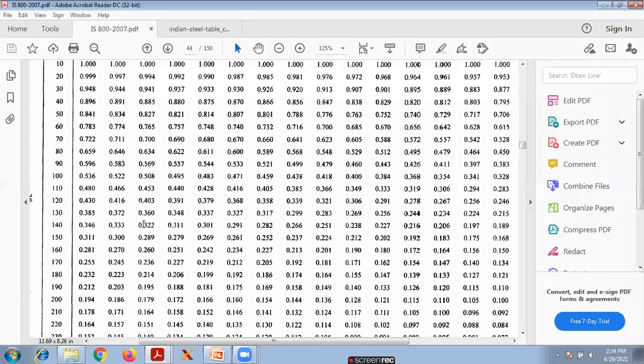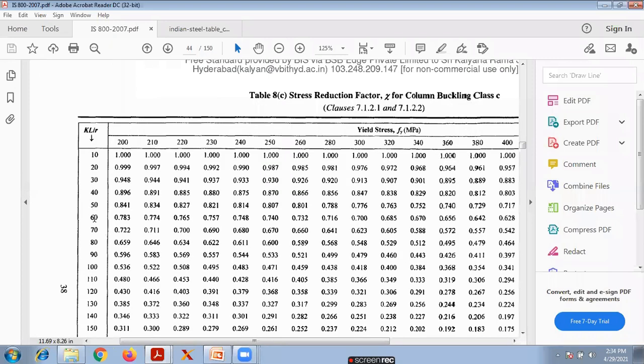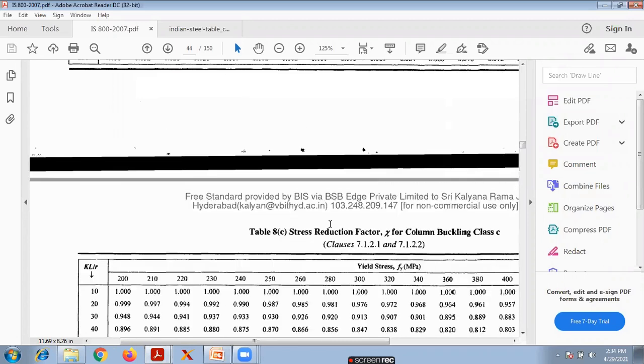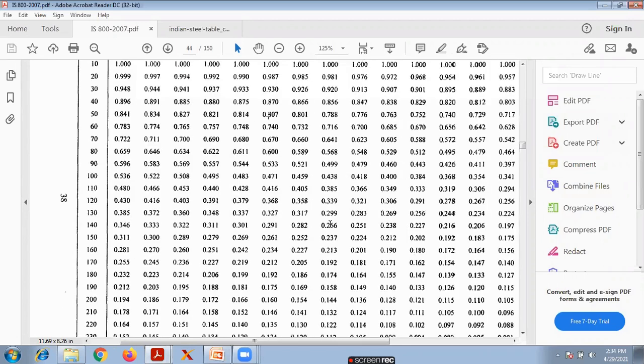So here, page number 38. The KL by R we got here is 50 to 60. Okay. What about the grade? That is 250 value. Okay. So how much value will we get here? So here if you observe the value, please wait for 1 second. The class C we have to take.